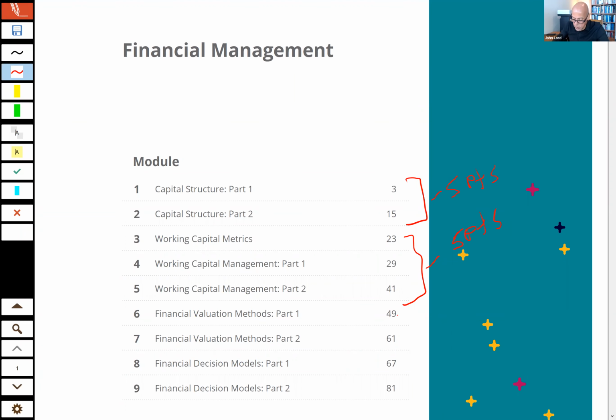And then when they get into this area down here, which I'm thinking we will actually get to next time, and they start talking about financial valuation, financial decision models, we're going to be talking about things like net present value analysis, et cetera, things that I know you had exposure to in managerial accounting, and I'm going to go ahead and put a 10-point label on that whole area that we'll cover next time.